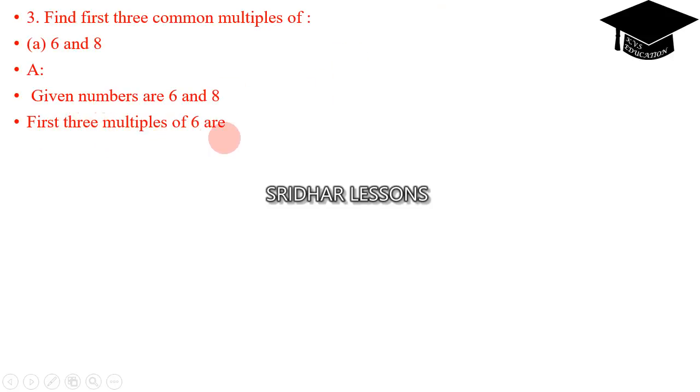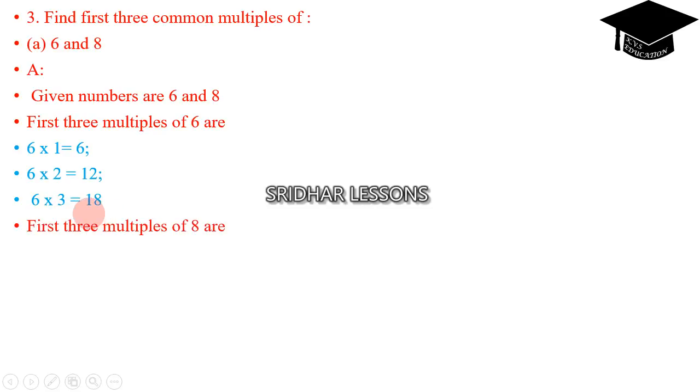First three multiples of 6 are 6 into 1, 6, 6 into 2, 12, 6 into 3, 18. And the first three multiples of 8 are 8 into 1, 8, 8 into 2, 16, 8 into 3, 24.